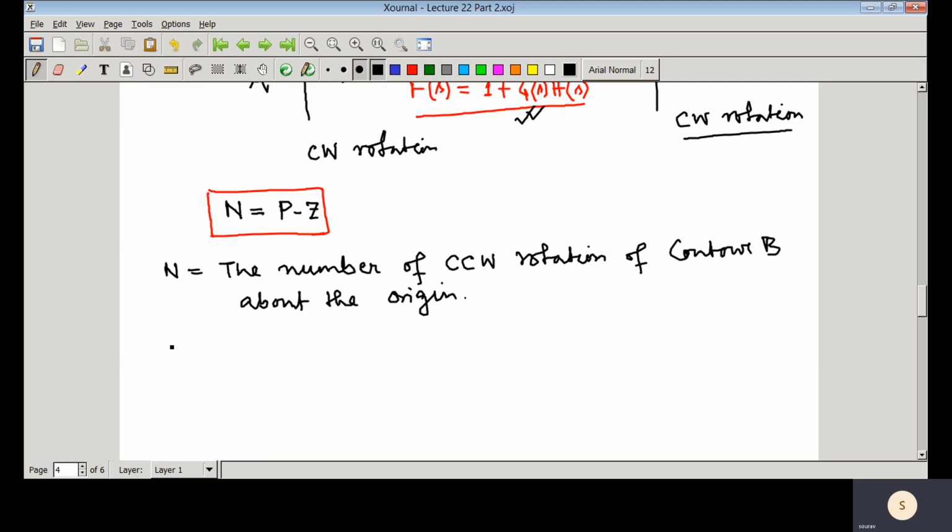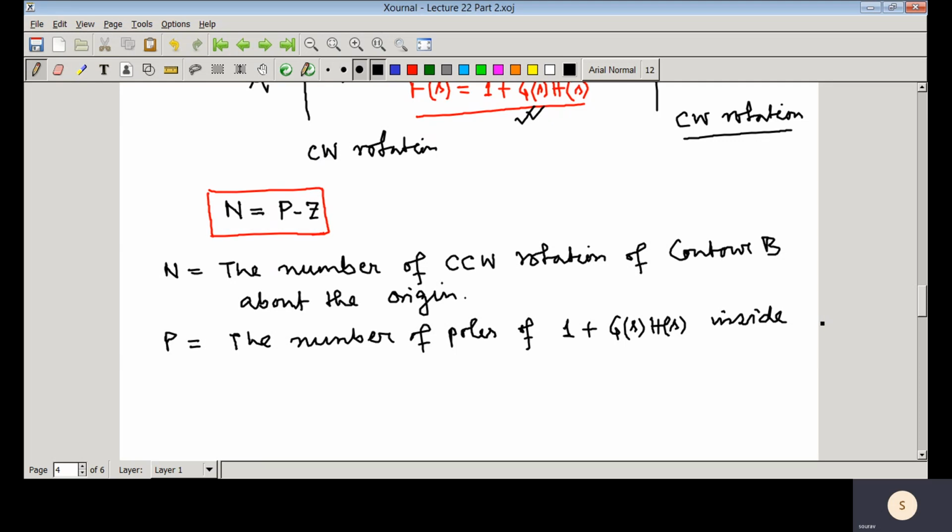And then what is P? P is the number of poles, in this particular case of the function 1 plus G(s)H(s), inside the contour A. That is very important, inside the contour A. That is not the total number of poles.